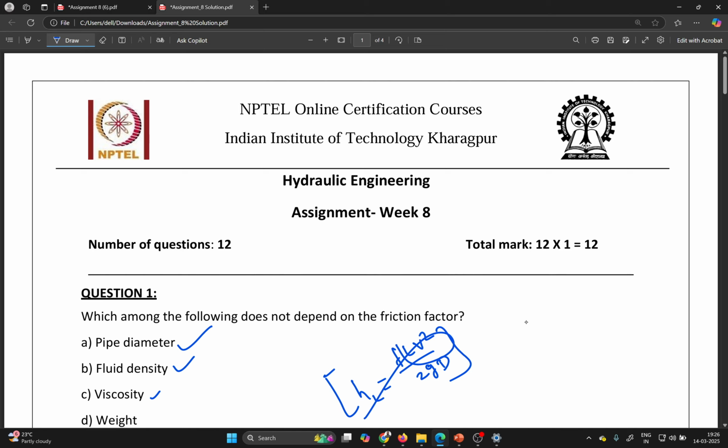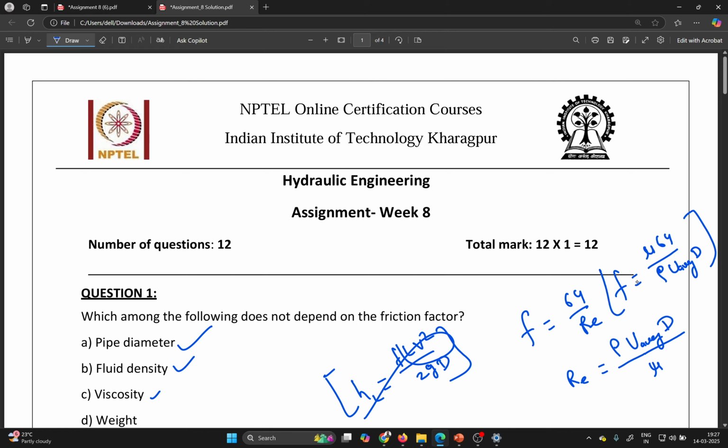For laminar flow, friction factor f is 64 by Re, and Re is rho U average D by mu. So from here f equals 64 mu by rho U average D. As you can see, your friction factor depends on mu, viscosity, density and diameter. It does not depend on weight.